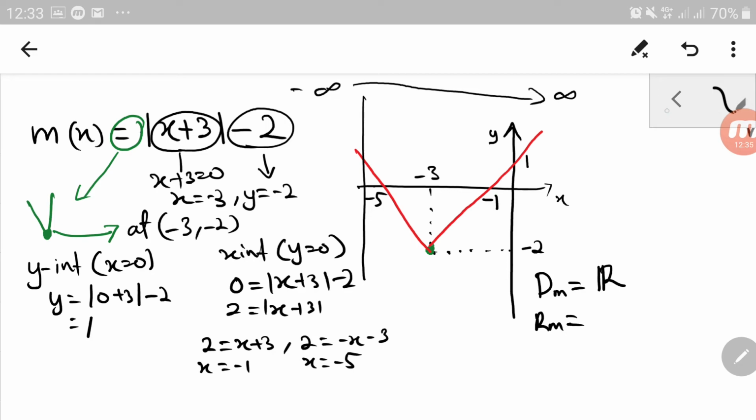Now how about the range? Maybe I use a different color. The minimum y value for the function is minus 2, and then it goes towards infinity. So minus 2 until positive infinity. Minus 2 is closed because it is a part of the function. So that is the domain and that is the range.